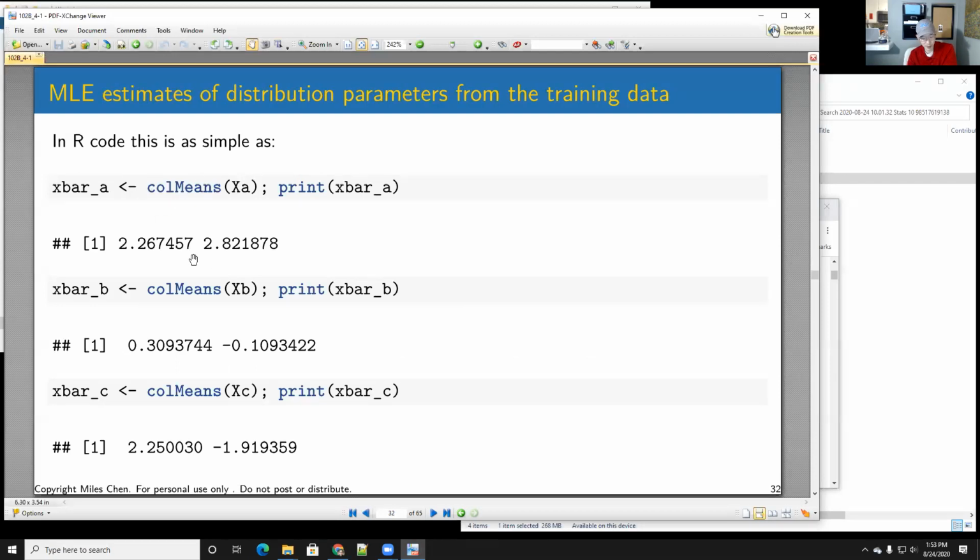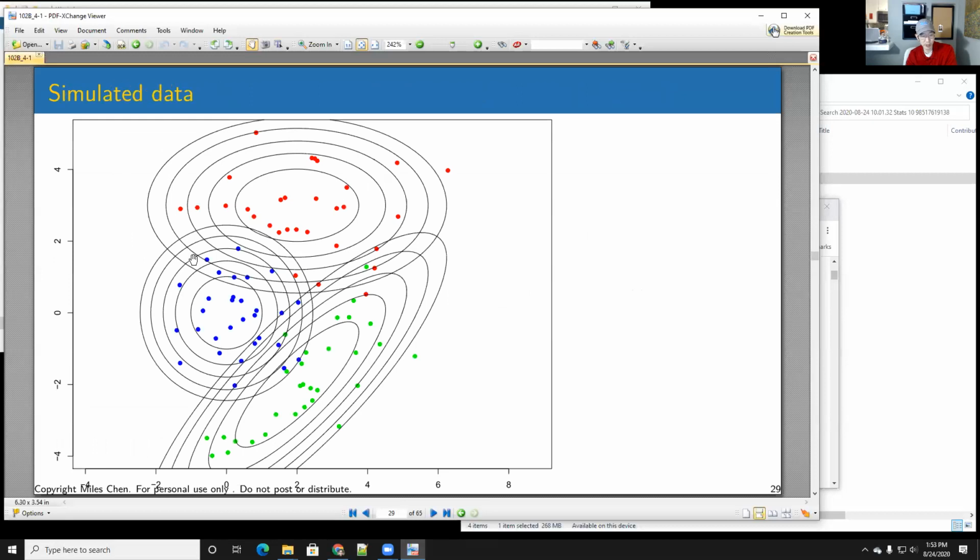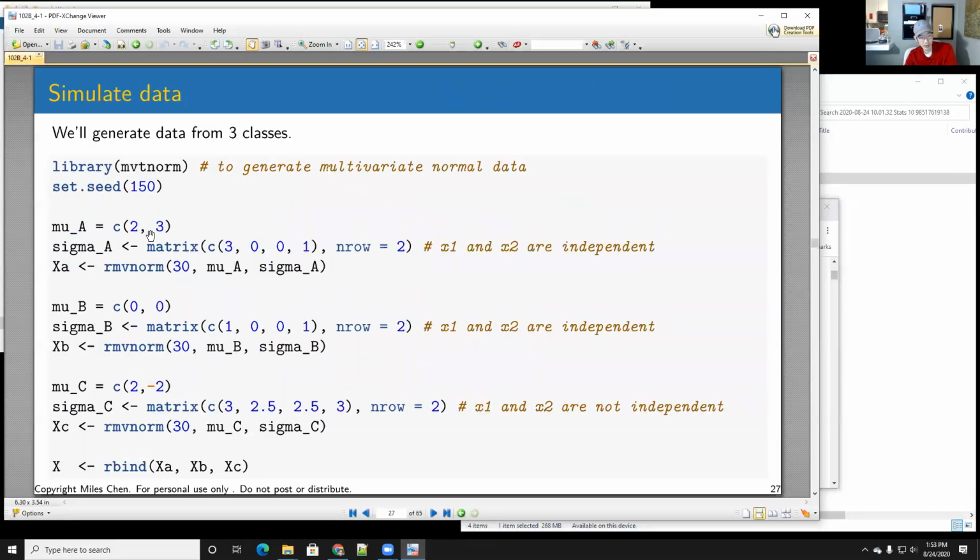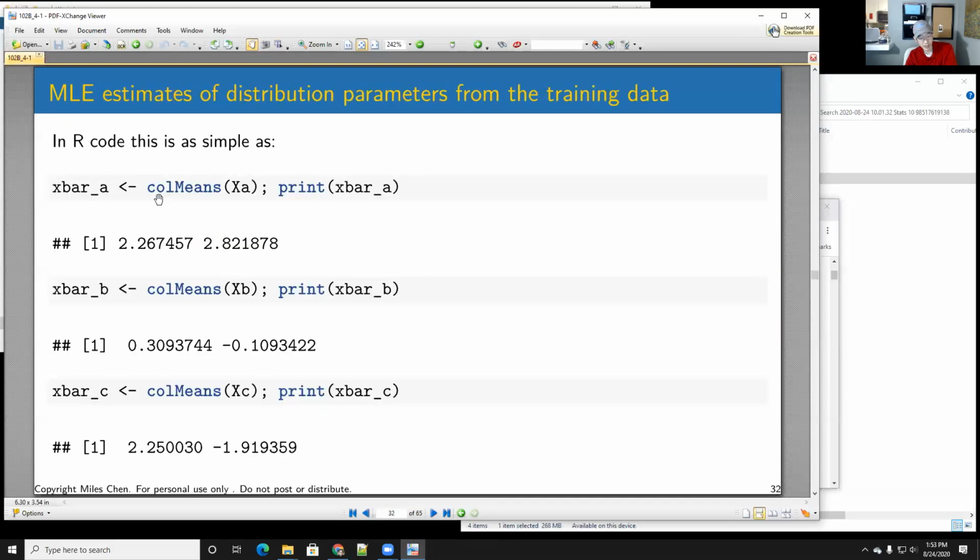When we generated the data, we know that class A has a mean of 2 and 3. When we take the column means, we don't get exactly 2 and 3. We get 2.26 and 2.82. So close to 2, 3, but not exactly. B, when we generated it, had a mean of 0, 0, and if we take the mean of our observed data, we get 0.3 and negative 0.1.